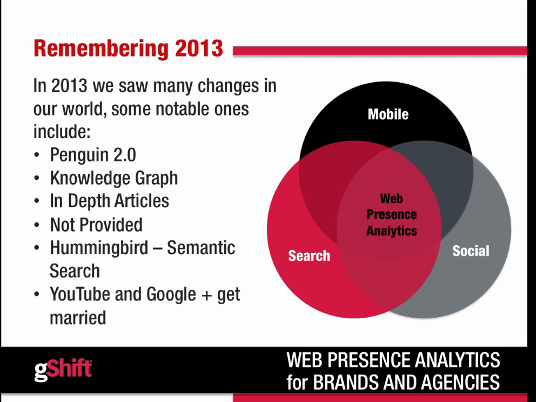Not provided, what is that, you may ask yourself. That is how Google is protecting the end user by encrypting what they're searching and not providing that information to the webmaster for analytical purposes. Bing has yet to do this, but they are starting to look into the possibility.